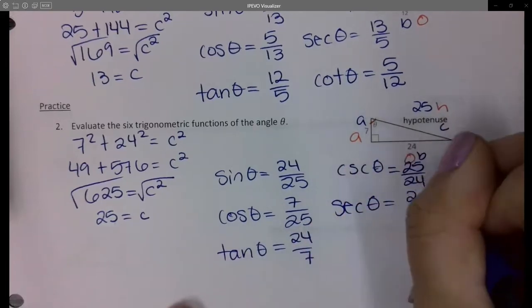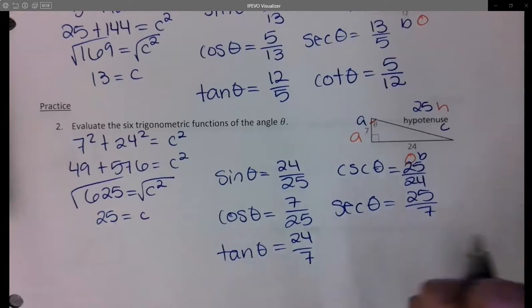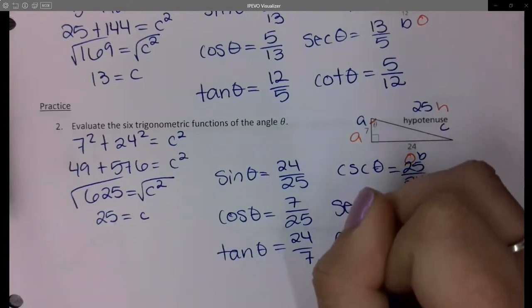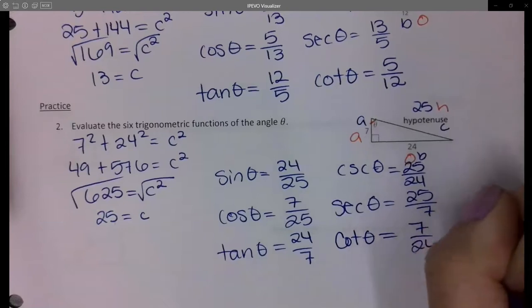That's going to be 25 over 7. And I want to switch tangent for cotangent, which gives me 7 over 24.